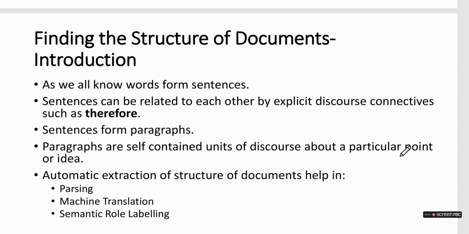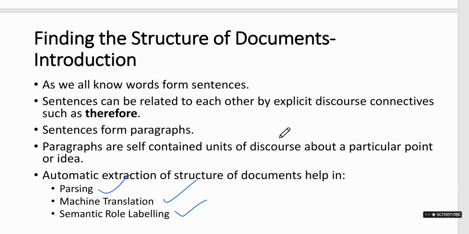It helps to fulfill some NLP tasks, such as parsing, machine translation and semantic role labeling. We can get these exactly by using the extraction of the structure of the document.